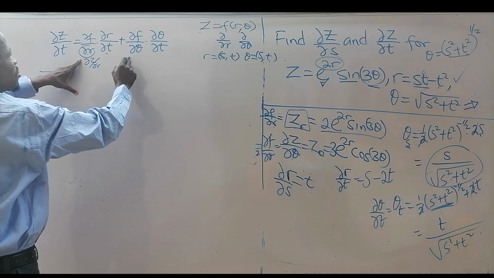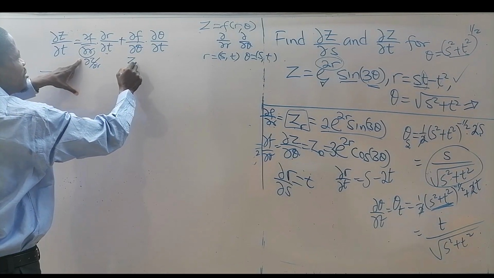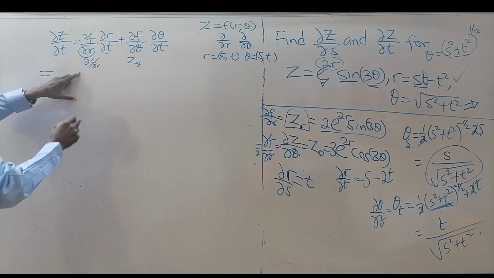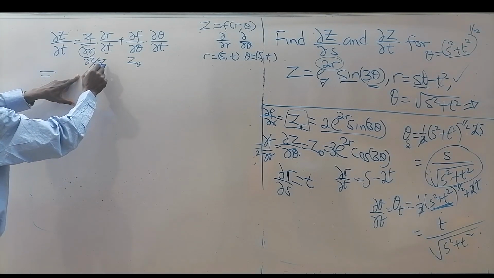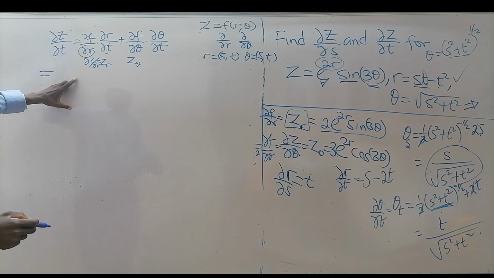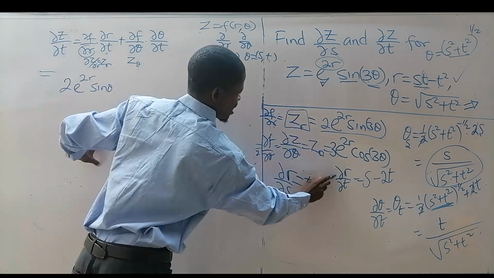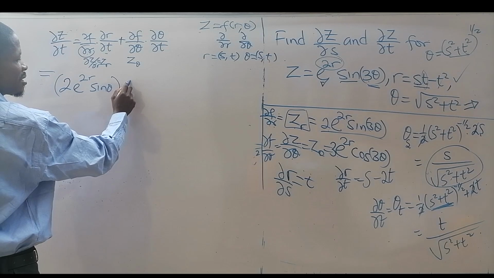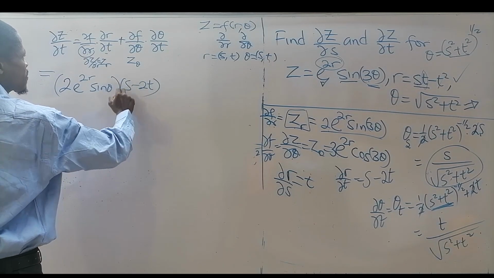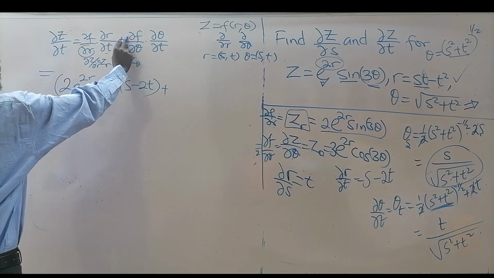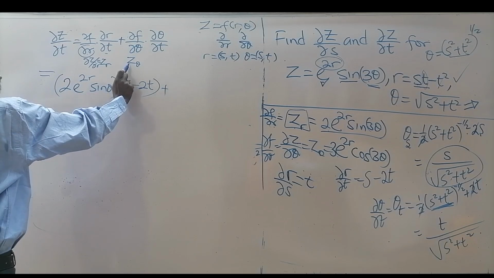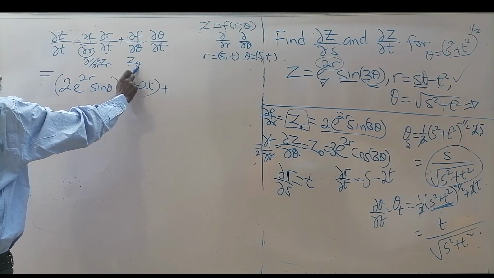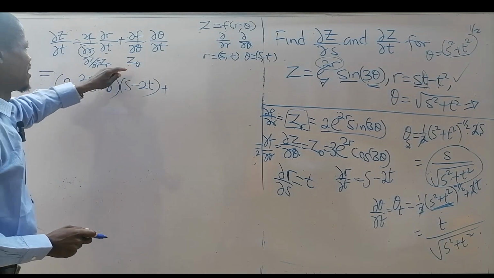This one also is the same thing as well, del z subscript theta, is also the same thing as z subscript r. So that's equal to the r, the t is this, that's x minus 2t, then plus del f del theta is the same thing as z subscript theta.